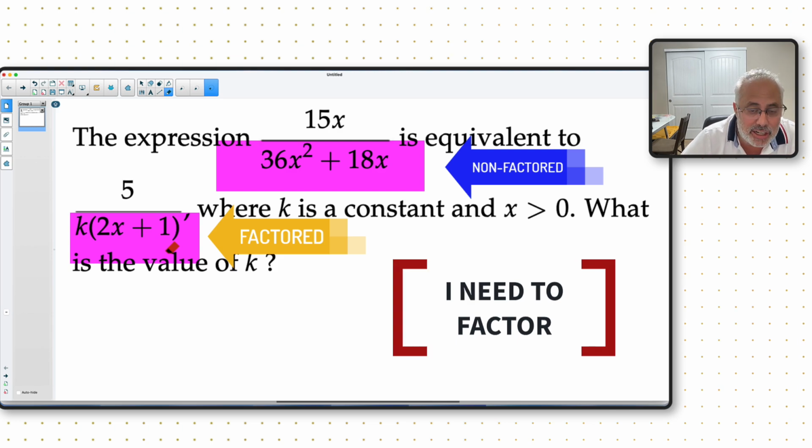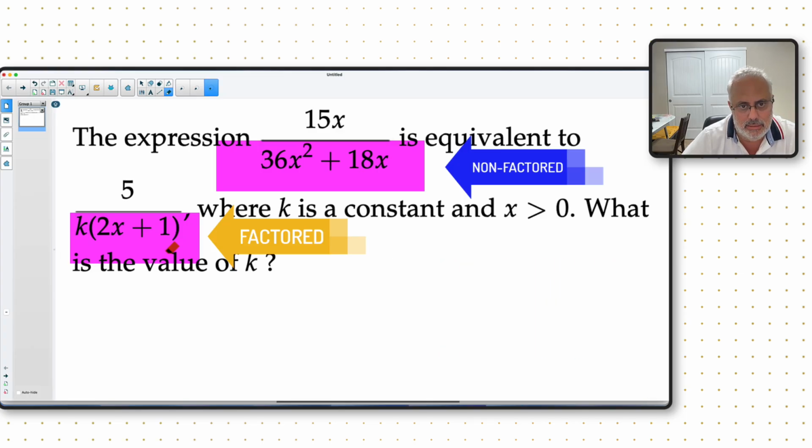This is learning math. This is the way I teach math. And that's the way students learn math. If I have two things that are equal and one of them is factored and the other one is not factored, come on, I need to factor in order to make transformations and make it equal, really equal visually.